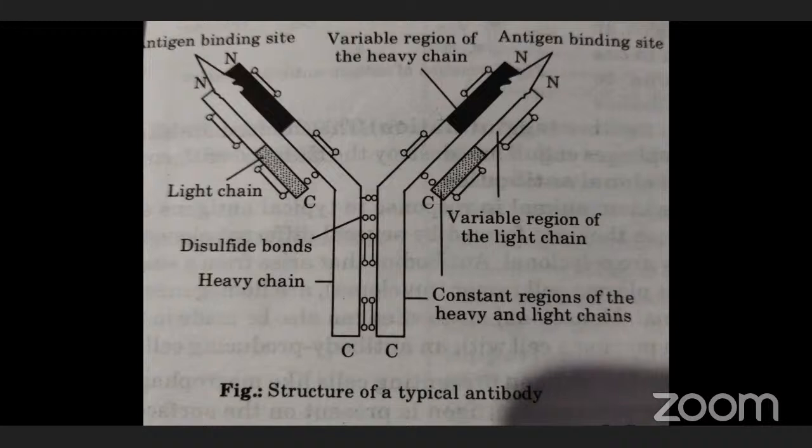Already I told, antigens are foreign particles which stimulate the antibody production by our immune system. Antigens are mostly proteins. Some antigens are carbohydrates or lipids or maybe nucleic acids.